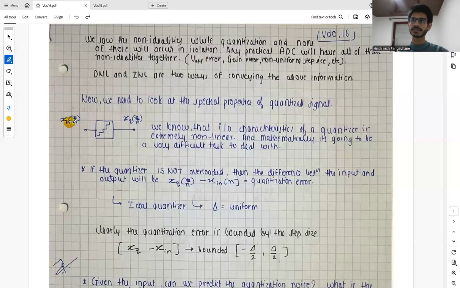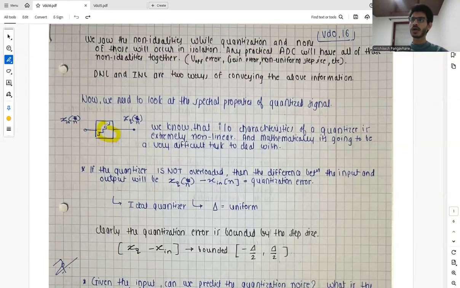Anyways, we had already done sampling, so we have considered that over here. We have already covered sampling, so this is the discrete time signal. This is the sampled signal, which is a sequence of n. So we have x in of n. If it would have been a continuous signal, it would have been x in of t, because it's a function of time. But now it's a function of the sequence n. So this is a discrete signal, which is the input to the quantizer.